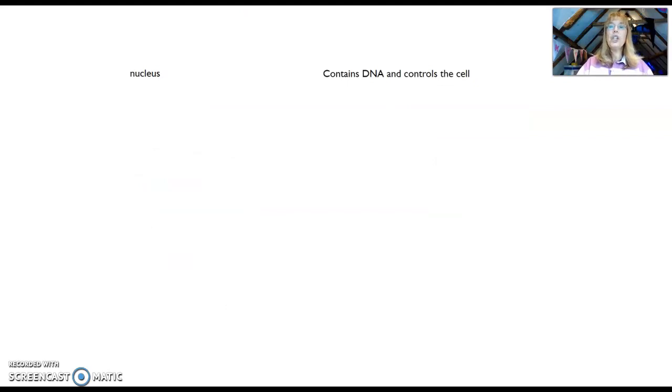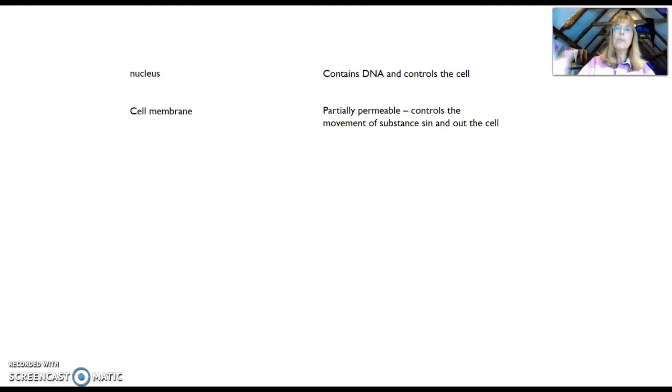So the first thing is the nucleus. The nucleus contains the DNA. It is the control center of the cell. And it's found in every single cell except for red blood cells and platelets. Then we have that cell membrane. Now that cell membrane is partially permeable because it controls what moves in and out of the cell.